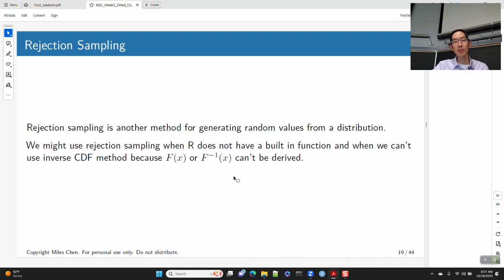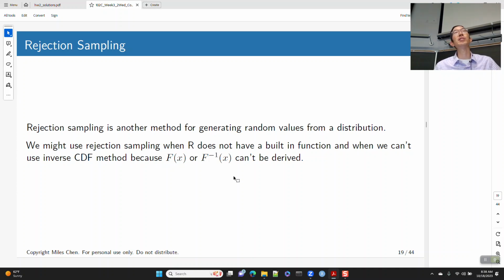But sometimes finding the inverse of the CDF is hard, or maybe finding the CDF itself is hard. Our go-to example is the normal PDF. We don't have a closed form solution for the CDF of the normal distribution. Now, the computer has a very good approximation, and we end up using inverse CDF using that approximation function.